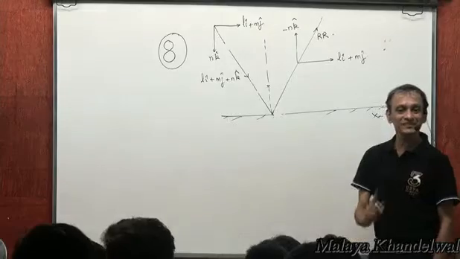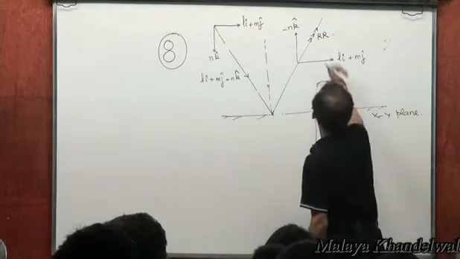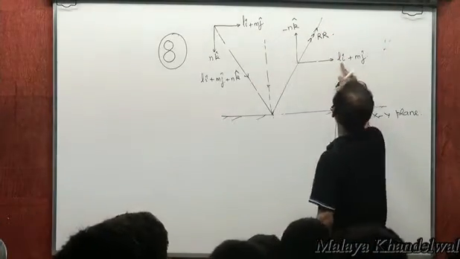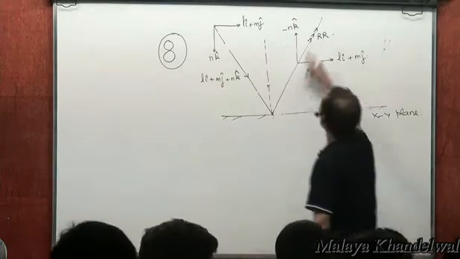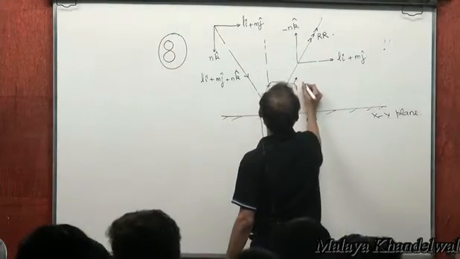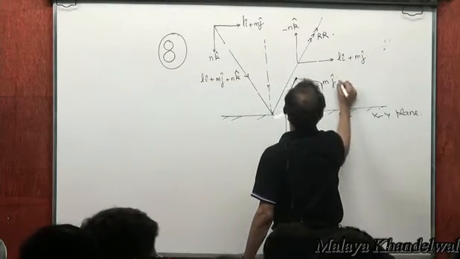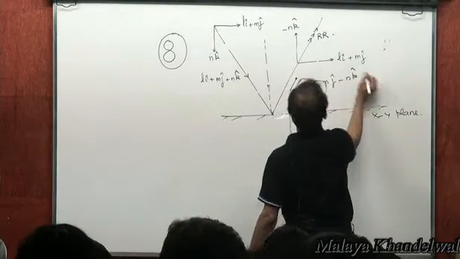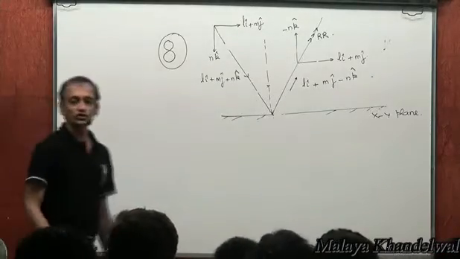Only this component will get reversed. Therefore, a unit vector along the reflected ray is going to be Li plus Mj minus Nk, right? What do you say?